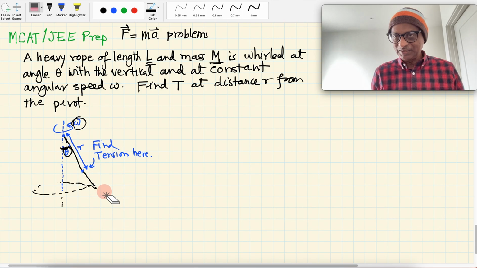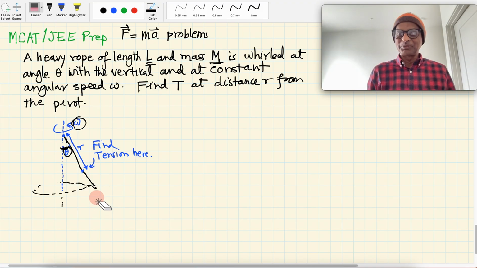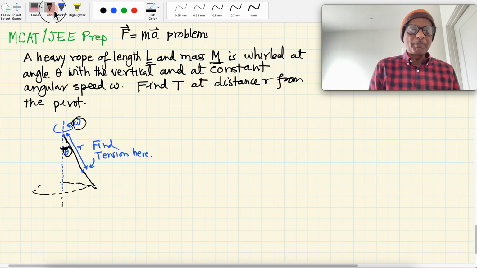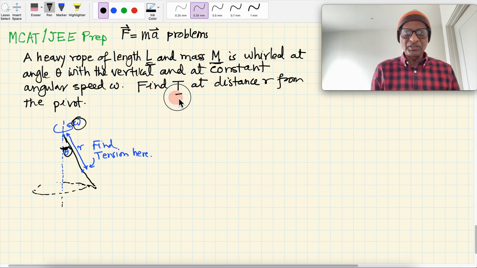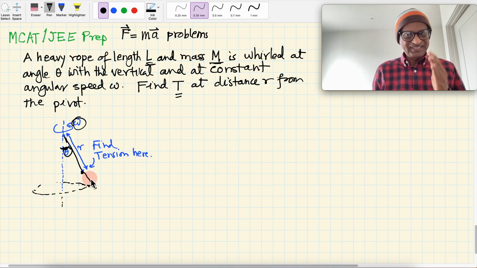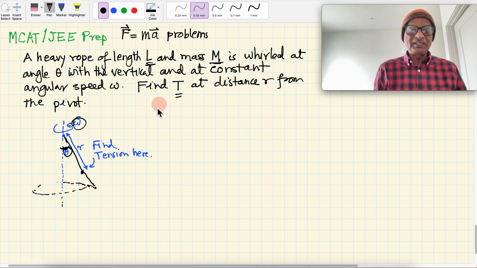Of course, the rope doesn't exist, so the tension will be zero. Okay. And the question is, what is the tension at this point of the rope? So this point is marked, but there's nothing there. It's just a point on the rope. All right. So basically, tension is supposed to be a function of R. R is along the rope.